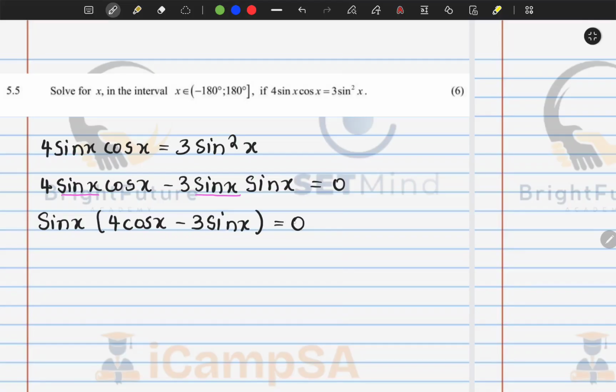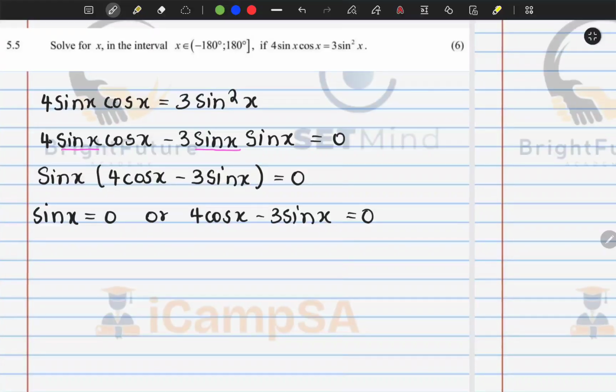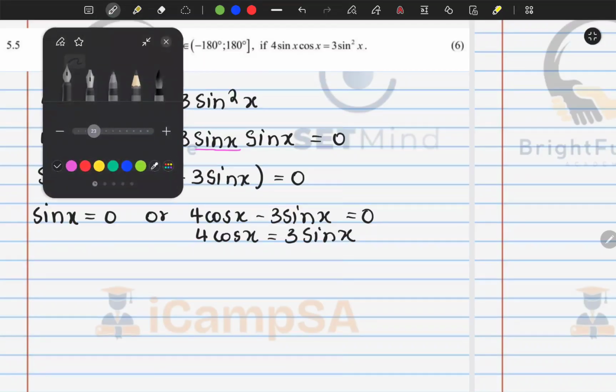sine x equals 0. And guess what? Our solution becomes sine x equals 0, or 4 cos of x minus 3 sine x equals 0. So I'm just going to focus on this side, which then becomes 4 cos of x equals 3 sine of x.